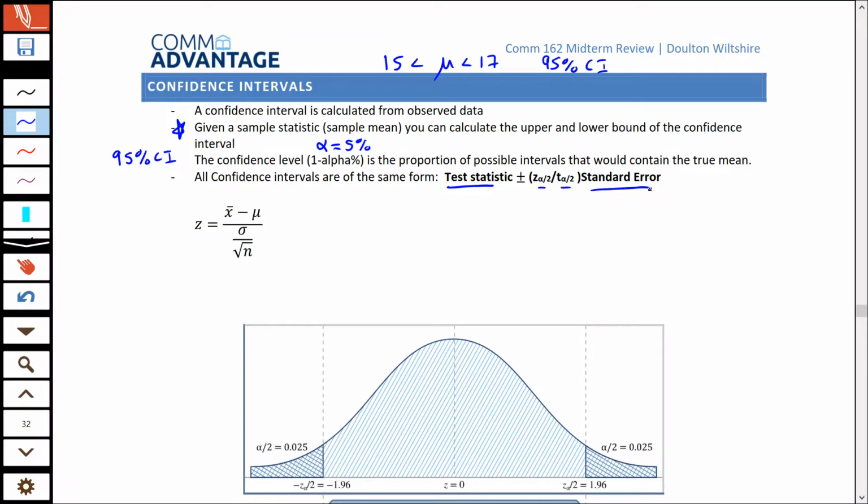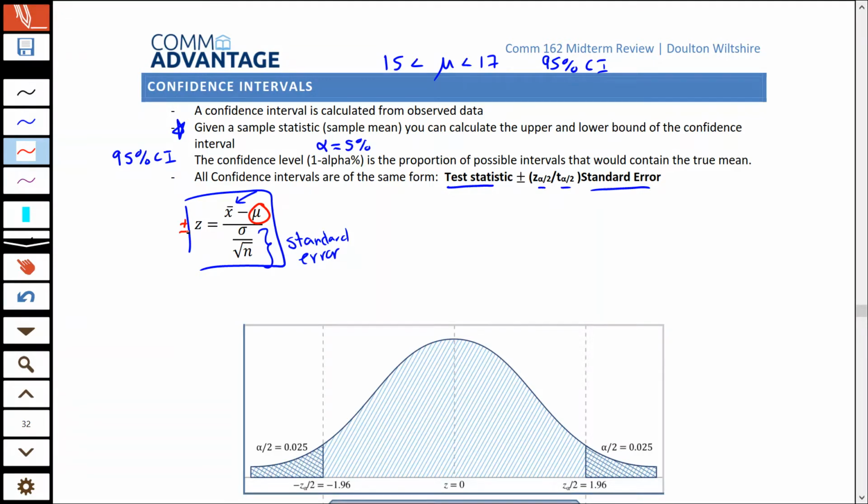And if we remember all of our transformations, like the z transformation I have written out here, they are the test statistic, that would be our x bar, minus the mean, over, and that entire denominator is the standard error. So really, a confidence interval is a rearrangement of this formula to solve for the mean when we have both a positive and a negative value for the z value.